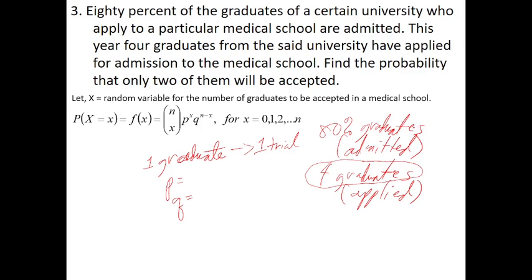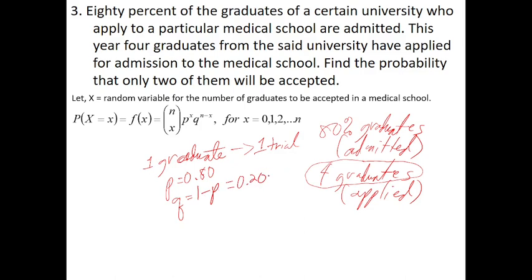Okay, so we have 80% of graduates daw na nag-a-apply sa isang medical school are admitted. So therefore, 0.80. So in every graduate, 0.80 yung probability na matatanggap yung graduate na yon para ma-admit siya sa isang medical school. At yung hindi siya ma-admit, 1 minus P. So ano ang 1 minus P? 0.20. 1 minus 0.80, 0.20.